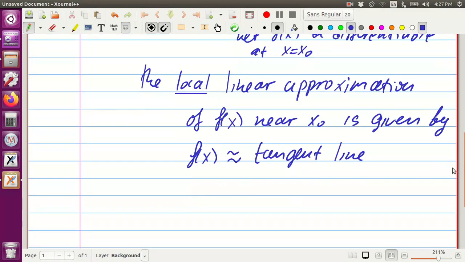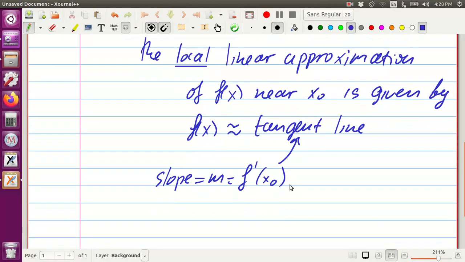So let's try to find the tangent line for this function. First of all, the slope would be equal to f prime evaluated at x sub 0, and the point would be x sub 0, f of x sub 0, if we use the function f of x and plug in x sub 0 into it.